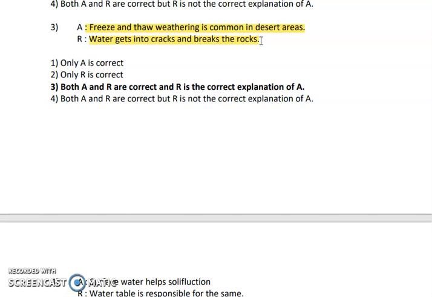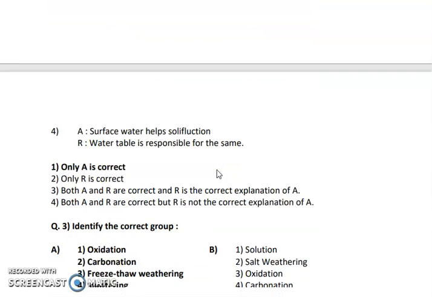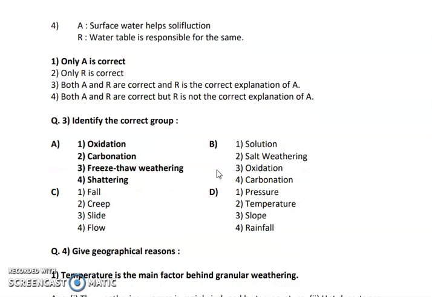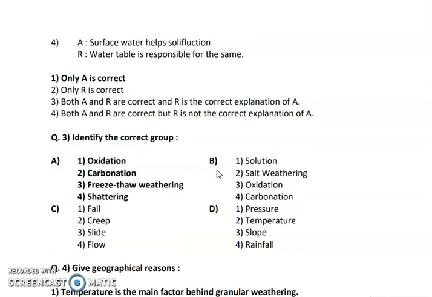Yes, freeze and thaw weathering is a type of weathering where the water goes inside the crack of the rock, and it freezes and cools down, and because of that there is a widening of the crack, and hence weathering takes place. So this answer is totally correct. So option 3, both A and R are correct, and R is an exact explanation of A. Let us move to the last MCQ.